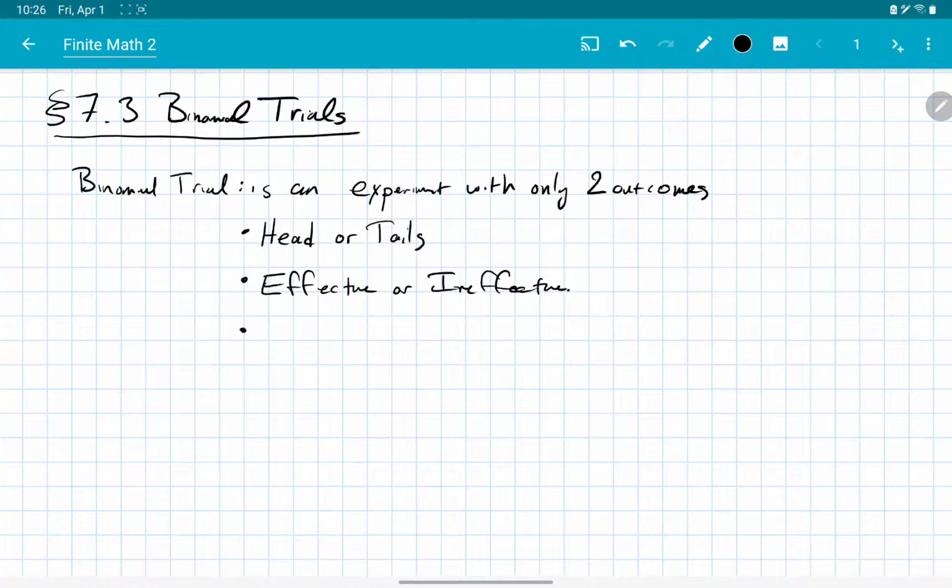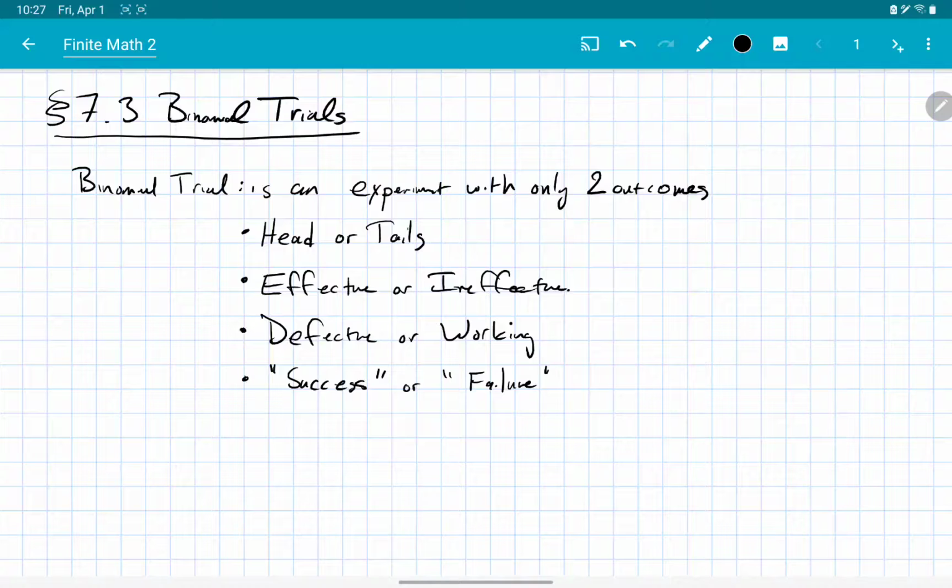Or if we were manufacturing something, we could say that the item is defective or working. Those are the possibilities we'd get when we're manufacturing something. And in general, we use the words success or failure when we talk about a general binomial trial.